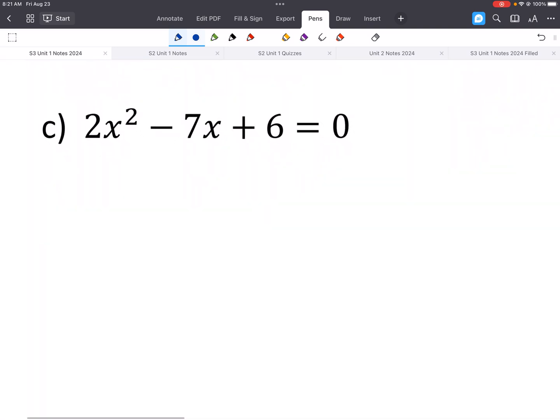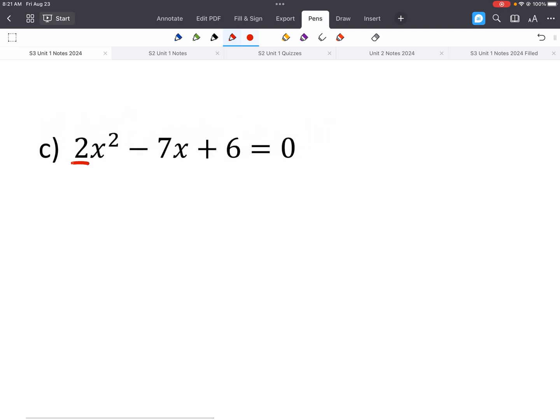All right, so here's a couple more examples. This one, we won't be able to go straight to the factors once we find the two things that multiply and add. Why? Because A is not 1, okay? This is not monic. So here what we'd need to do is our puzzle.